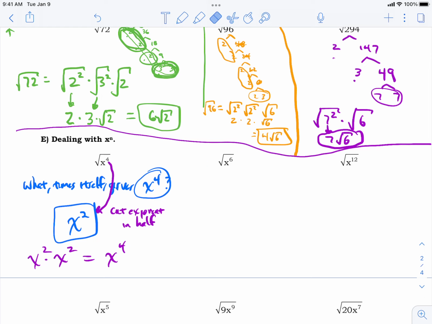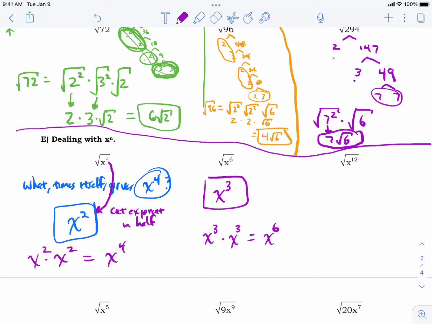And I'm saying, yeah, you should just cut the 6 in half. So this is going to be, oops, not radical anymore. We're simplifying it. So radical x to the 6th becomes just x cubed. And why is that? That's true because x cubed times itself would give you, you'd add the 3 plus 3 to get a 6. Okay, cool.